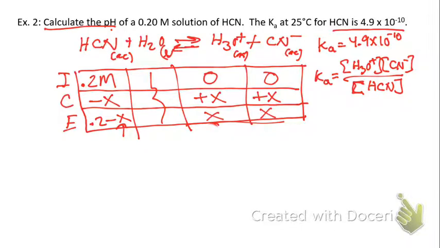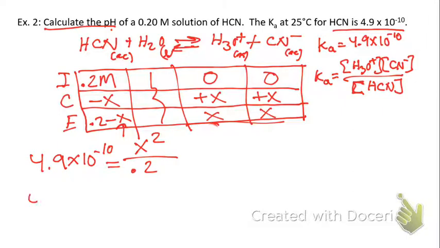All right. So in my equilibrium expression, my Ka value, which I already know is 4.9 times 10 to the minus 10, is equal to x squared over, and that's from my products, 0.2. And I'm getting rid of that minus x again because I'm using the approximation method. So I'm going to solve for x.